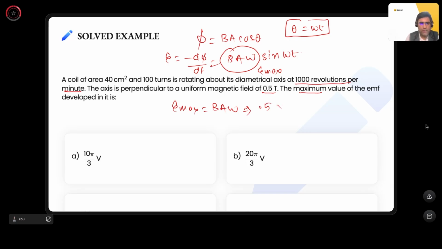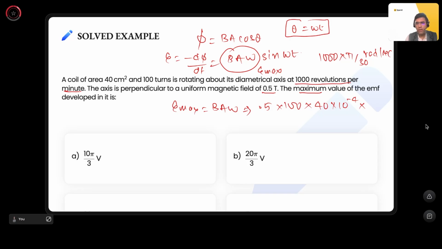So 0.5 into the area, with number of turns 100, area of the coil 40 into 10 to the power minus 4, and 1000 revolutions per minute. We have to find omega in radians per second, because we are using SI units. So 1000 revolutions per minute will be equal to 1000 into pi by 30 radians per second.